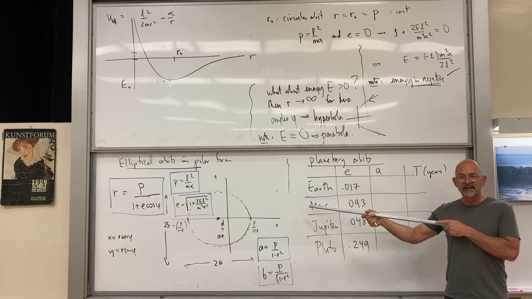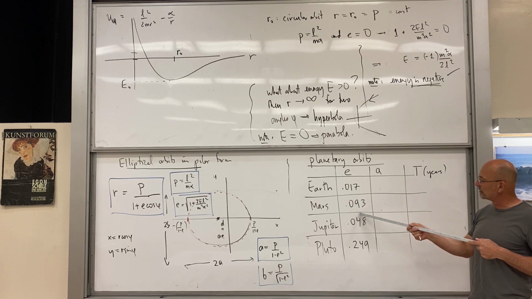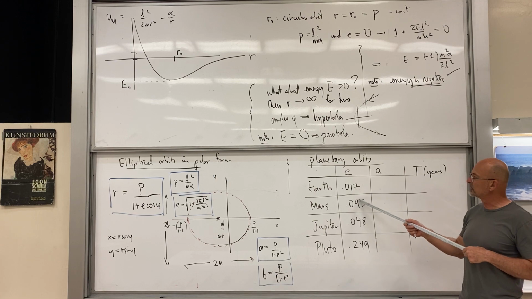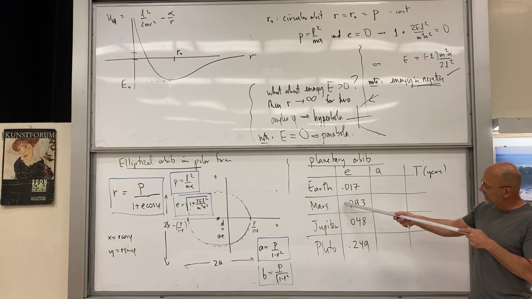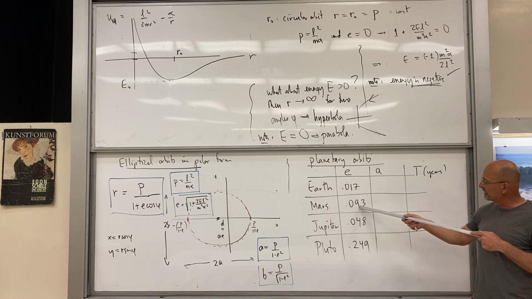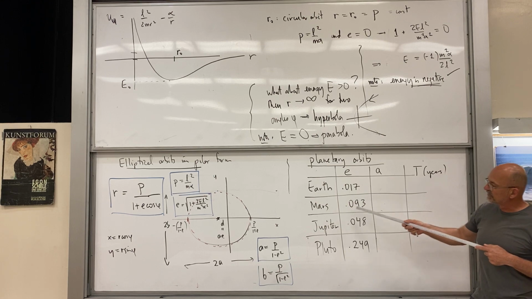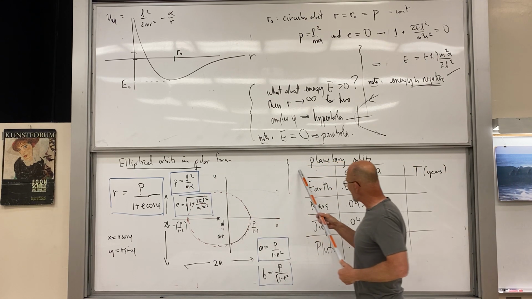Mars is the planet that Kepler first analyzed. It had enough eccentricity that he was forced to leave the idea of the circular orbit. He couldn't fit circles into his data, but despite being considered a large eccentricity, it's actually pretty small, isn't it?